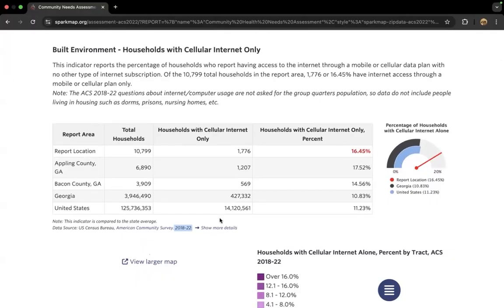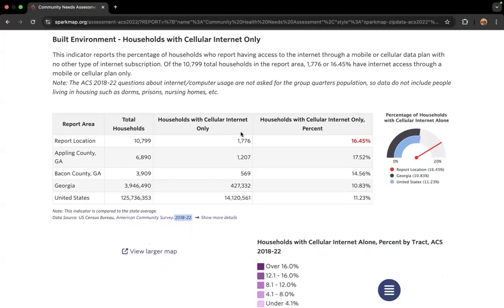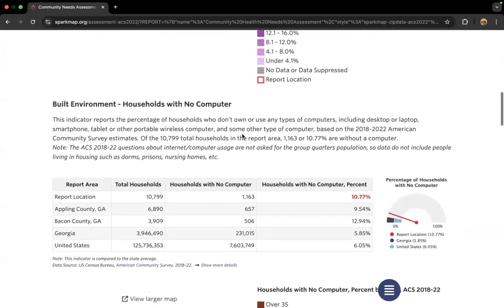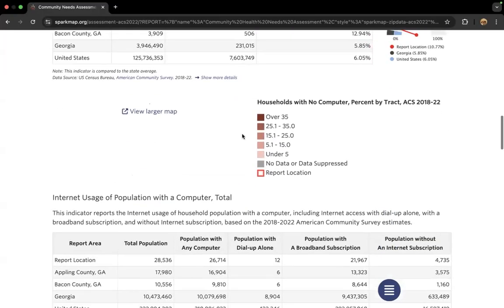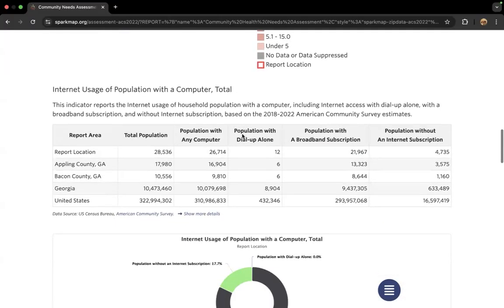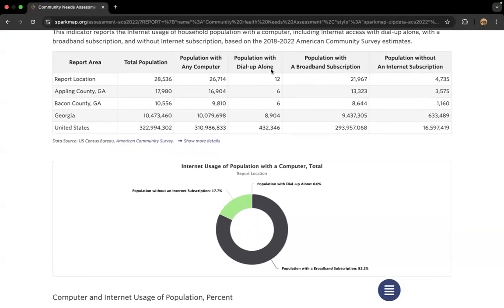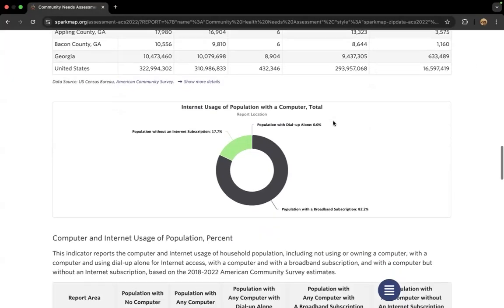So these data are households with cellular internet only, with no computer, and the no computer in particular has some great breakouts. So we're able to look at population with dial-up alone, population with a broadband subscription, and population without an internet subscription at all.